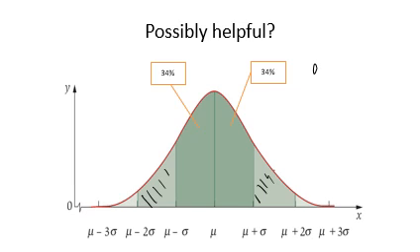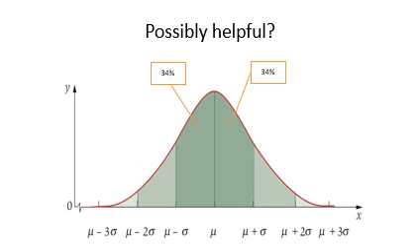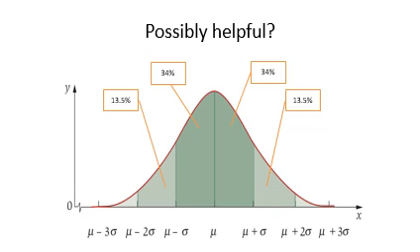So let's do our 95 minus 68, and that's equal to 27%. Now we're going to divide that by 2, because that's going to tell us what each of these is equal to, and that's equal to 13.5%. So we can now say that section there is 13.5%, and that section there is 13.5%. Okay, let's get rid of that messy writing. Let's show a nice neat way of doing it. And there's our 13.5%.